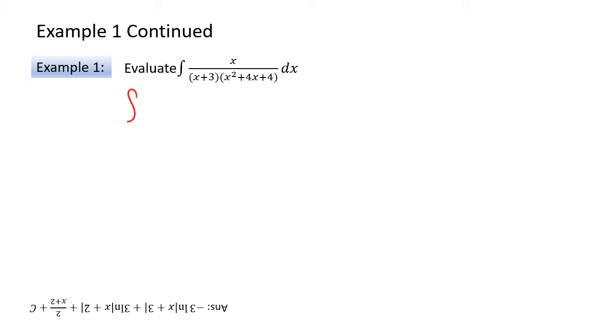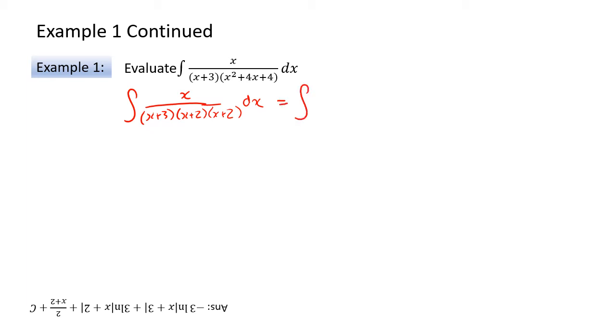We had the integral of x over x plus 3 times x plus 2 and x plus 2. And now we can write this in terms of what our partial fractions were.